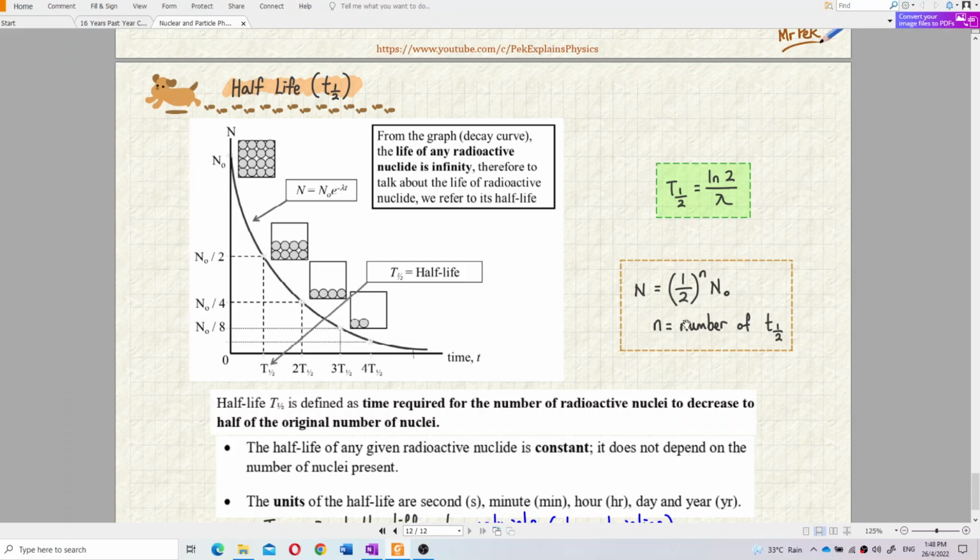The number of half-lives is the power of the half. So if twice half-life, then it's 1/2 to the power of 2, half times half, so it's 1/4 of the initial number of nuclei.